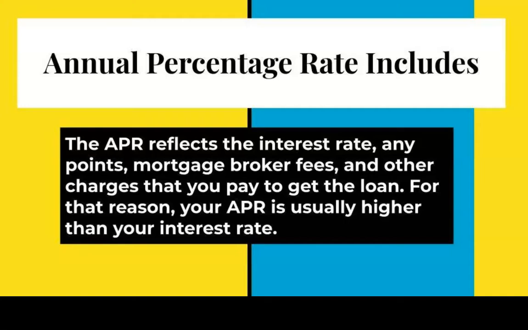An annual percentage rate is actually a broader measure of the cost of borrowing money than the interest rate, because the APR, as it is often called, reflects the interest rate that you're paying for the mortgage, any points that you're paying, which we'll talk about a little bit later, the mortgage broker fees, because mortgage brokers and lenders have to be paid as well, in addition to other charges that you may get and have to pay for in order to be able to secure the loan.